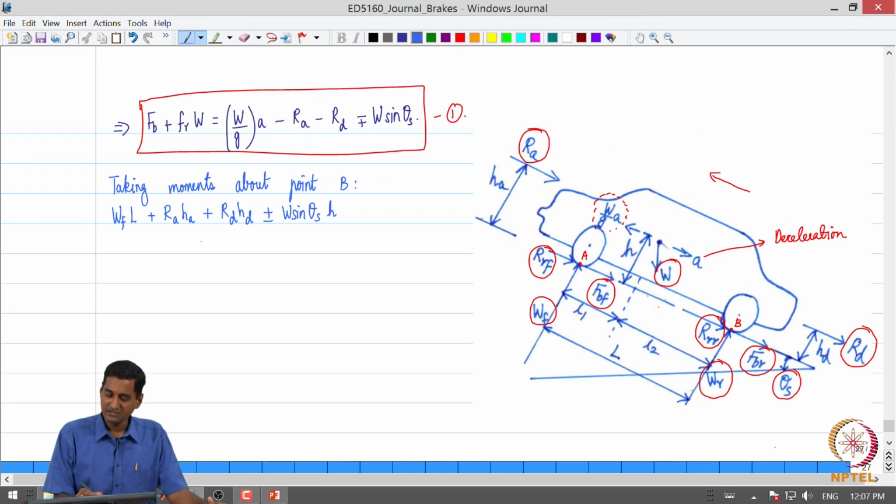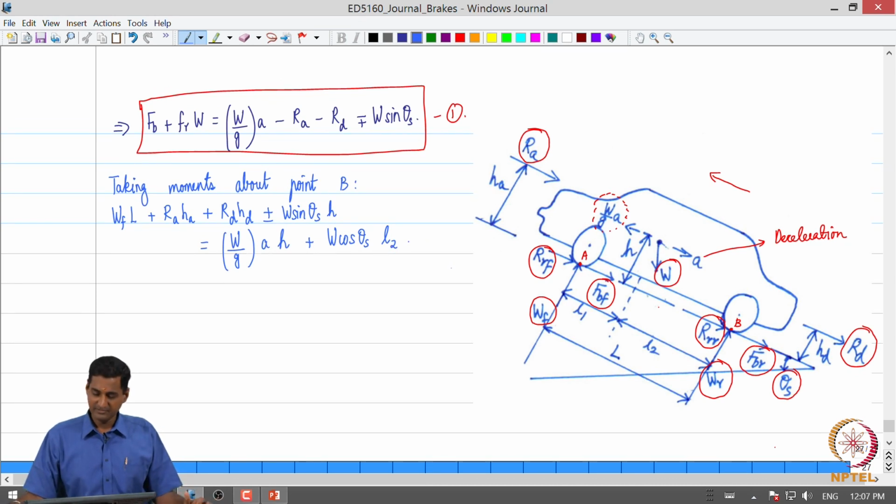These are torques which are acting in the clockwise direction when we take moments about point B. Then we balance them with the counterclockwise torque. So, those are going to be W by G A times H, then we will get W cos theta S L2, right. So, this is what we will get.